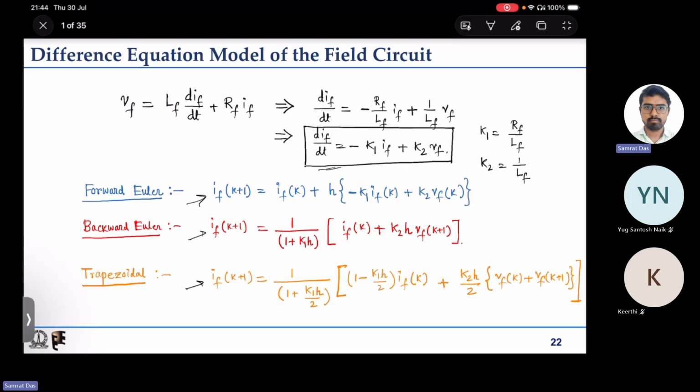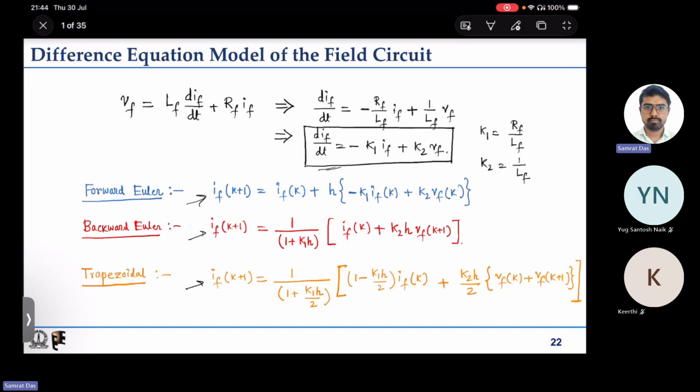One thing is it has to be accurate, but more important is that the system output or system response should be similar to the continuous time system response. It should not be dramatically different, or it should not go into instability.